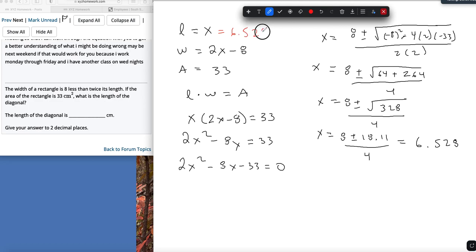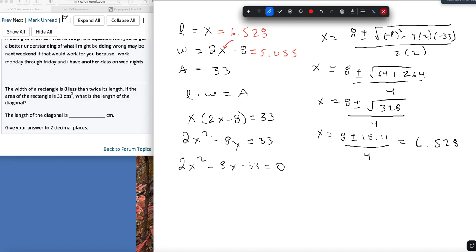Then I'm going to plug that in for x, so 2 times that number minus 8, and that gets me 5.055 to 3 decimal places.